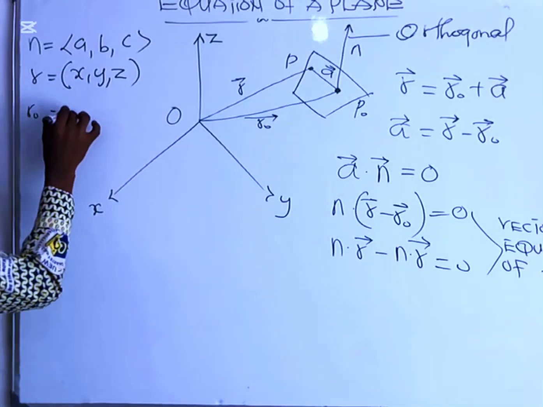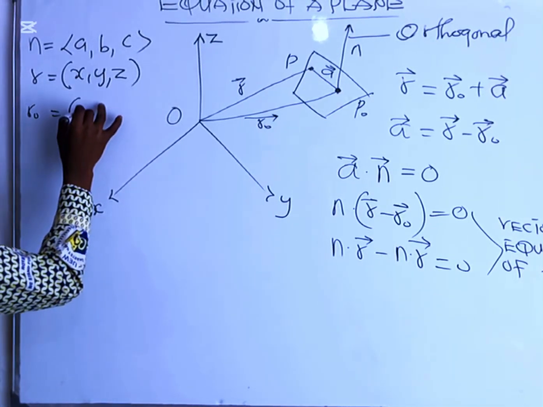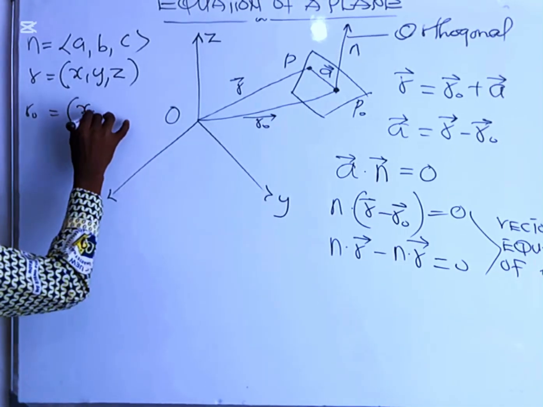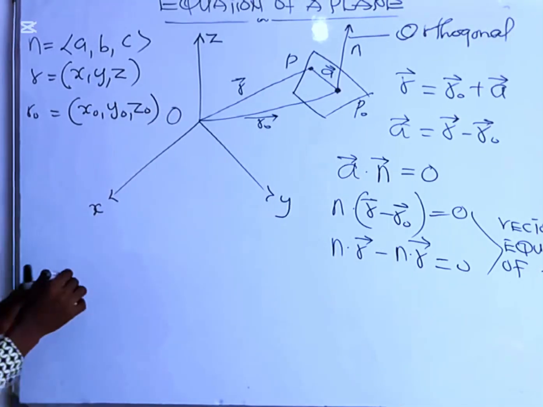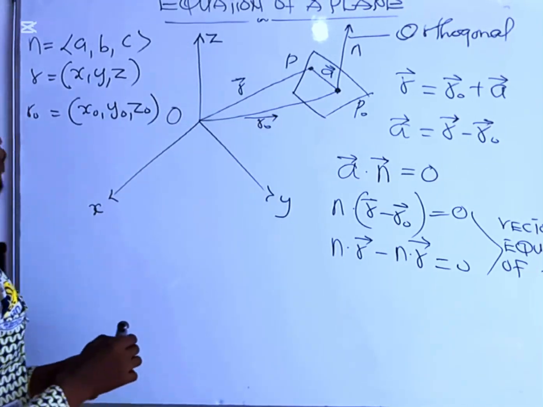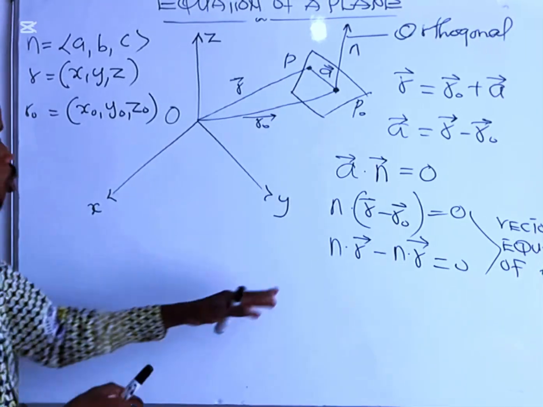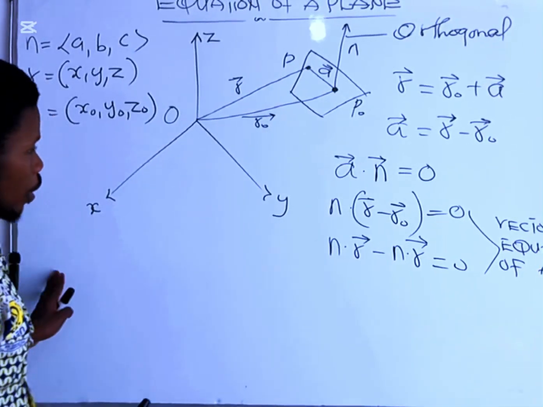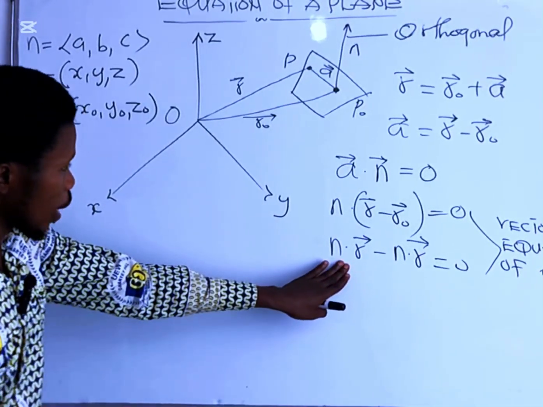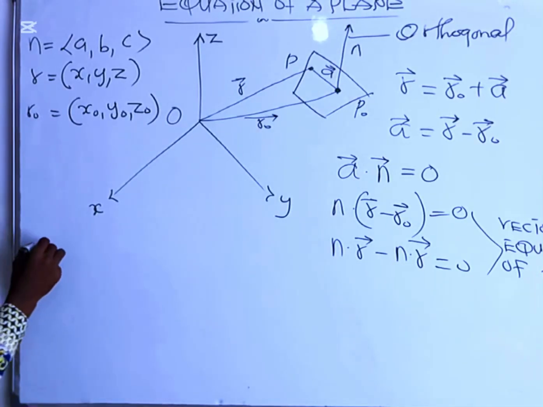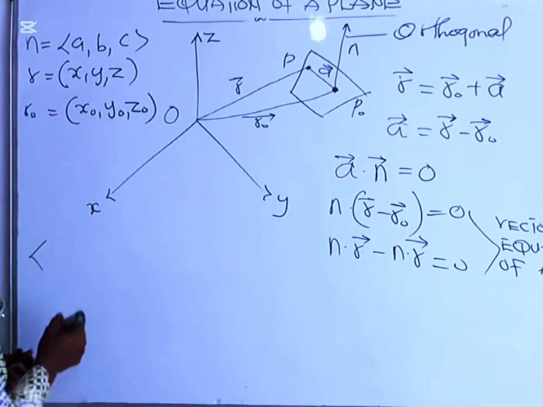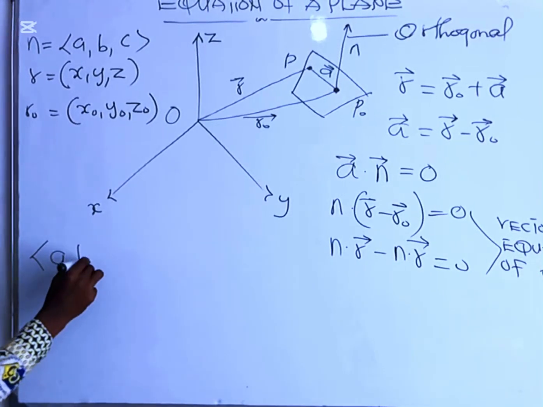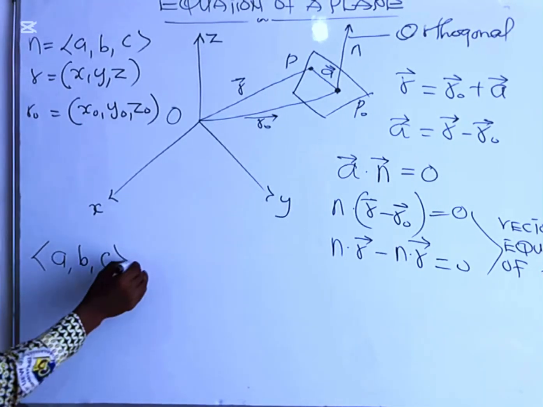And then r naught should also be X naught, Y naught, Z naught, because it's also a point on the plane. Is that okay? So if I just do substitution here, I'm going to do the substitution here. You realize that my n here is A, B, C dot.